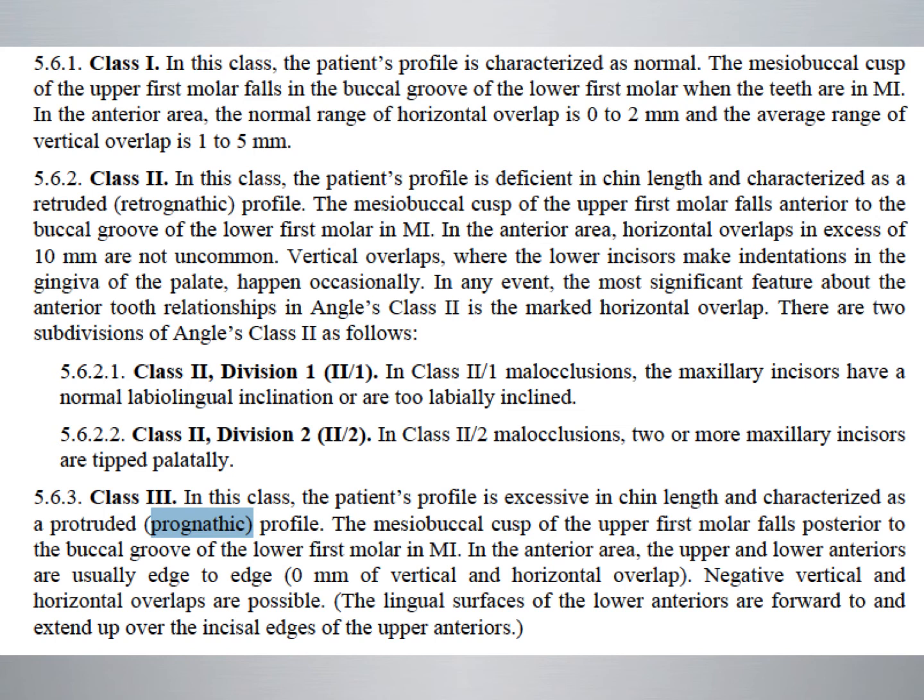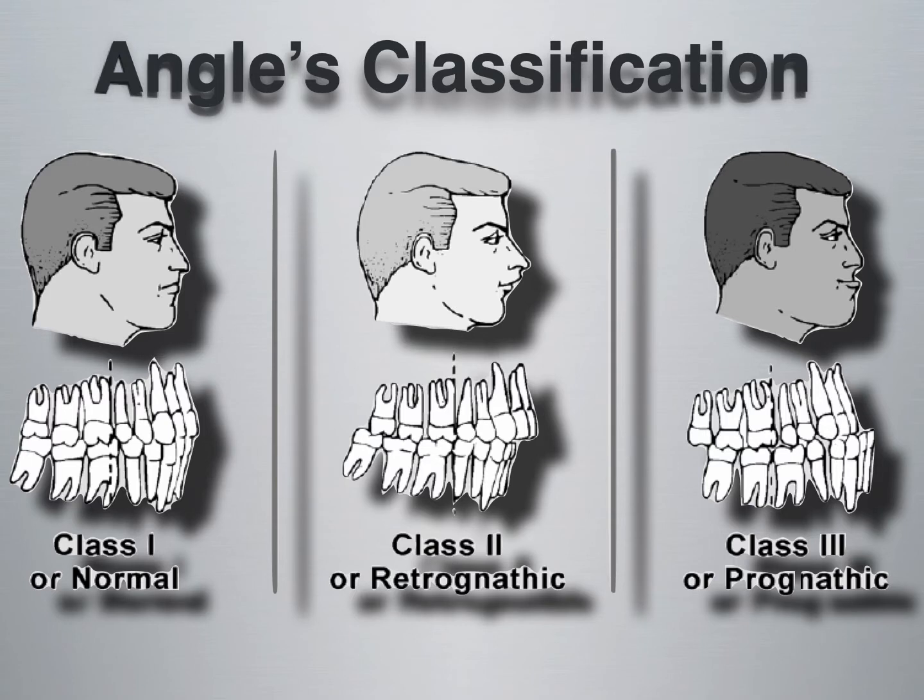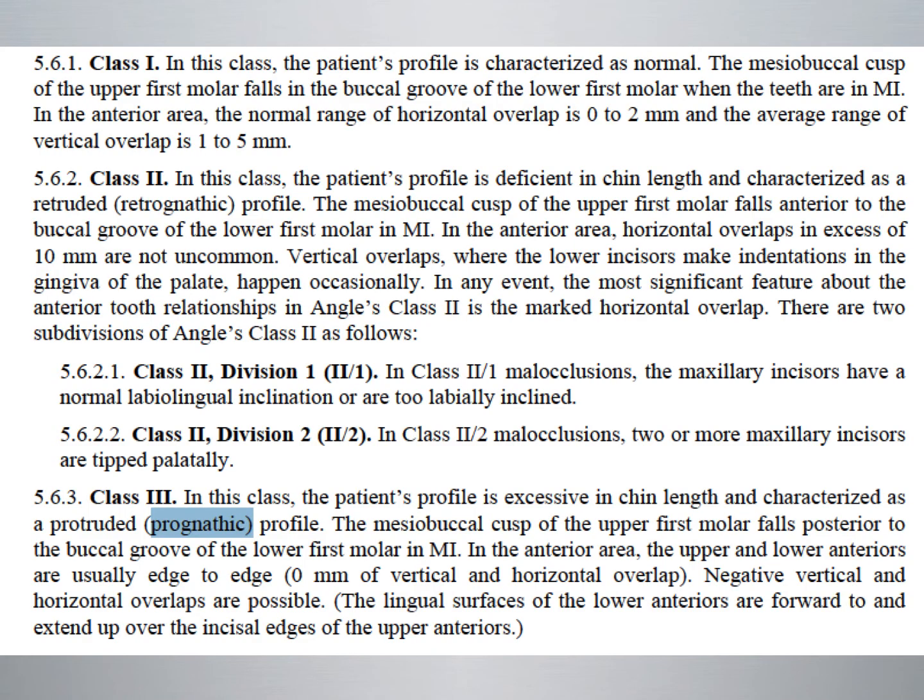Our class 2. In this class, a patient's profile is deficient in chin length and characterized as a retruded profile. As we look back, we can see the lower jaw retruded backward. The mesial-buccal cusp of the upper first molar falls anterior to the buccal groove of the lower first molar in maximum intercuspation.